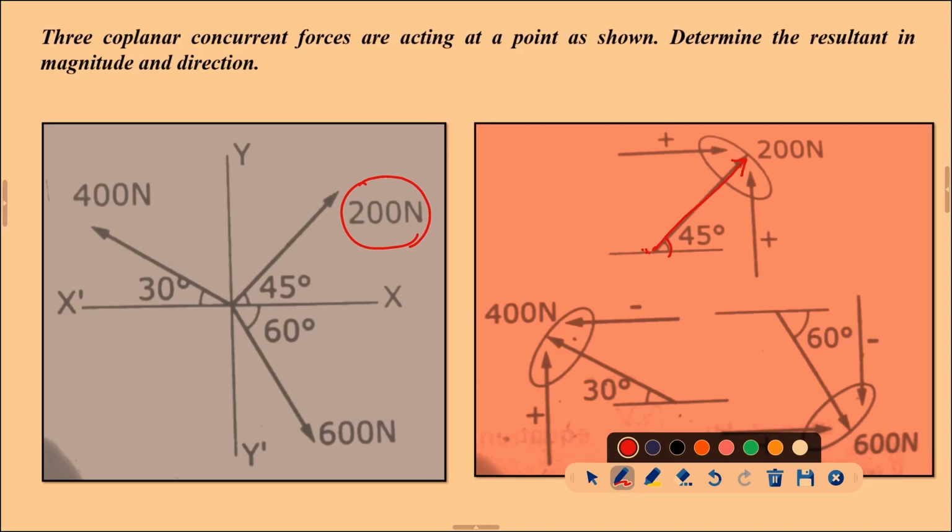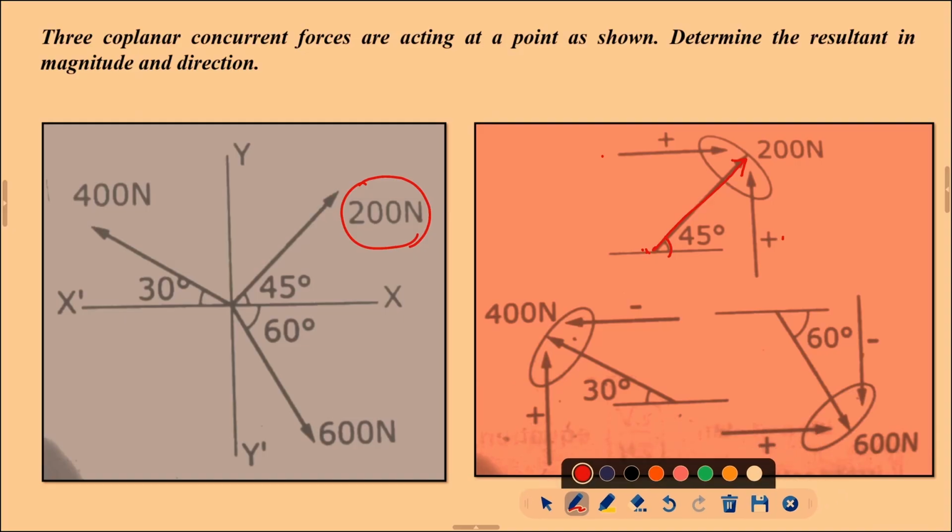Left to right we know is positive and bottom to top we know is positive. Next is 400 Newton. This force acts at 30 degrees with respect to horizontal. So, we split this into two, one vertical and another horizontal. Another one, 600 Newton, we split into two, vertical and horizontal. Vertical is negative because it is acting downwards, left to right it is positive. First you should be aware of all three directions and their signs. Next, how to start this?